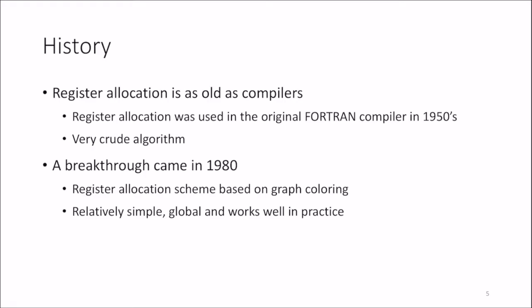But that really was a breakthrough in terms of understanding register allocation. As a result, many heuristic algorithms were developed that had reasonably good performance in practice. It was simple, it works well in practice, and it works not just for small windows of code, but you could analyze large chunks of your control flow graph in order to do register allocation more efficiently and more optimally.